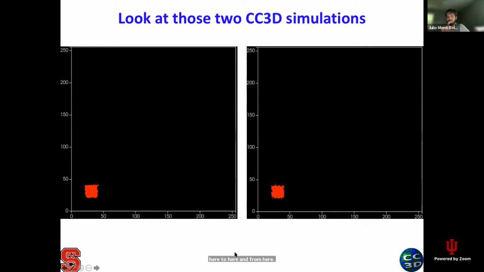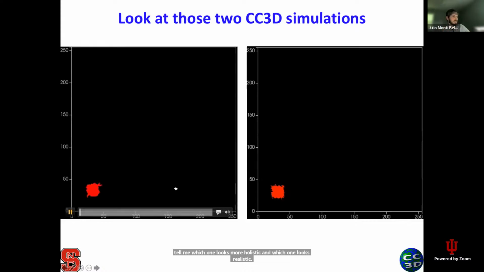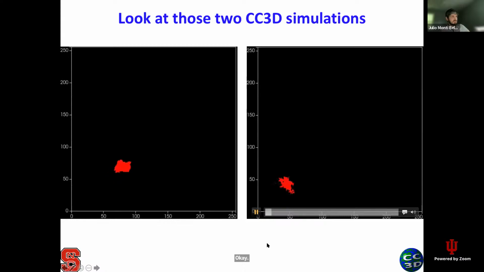But I made different choices for my temperature and the weight of my gradient in one versus the other. I want you guys to look at these two simulations, which have the same output, are done in the same simulation model, have the same constraints on them, and tell me which one looks more realistic and which one looks less realistic, okay? So I'm going to play the one on the left and now the one on the right.